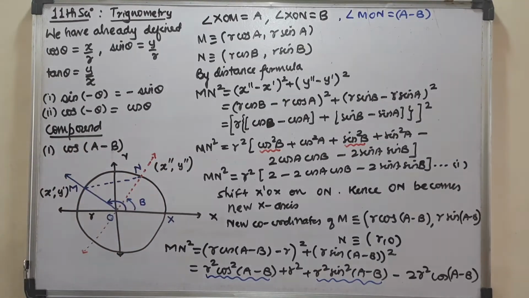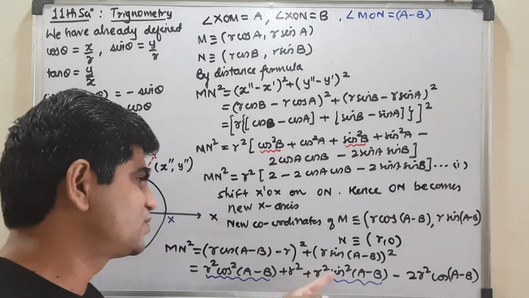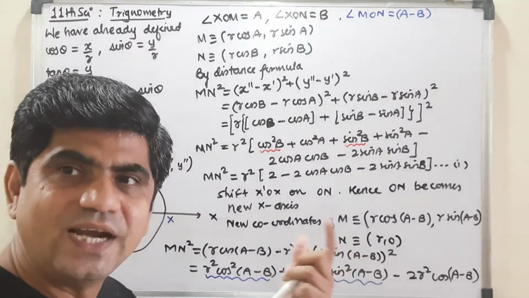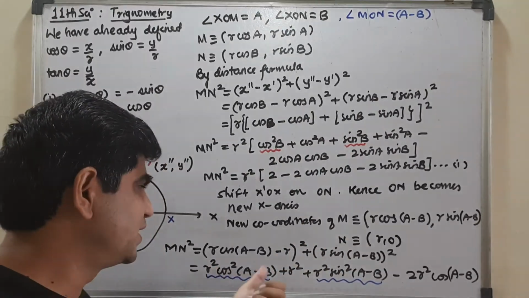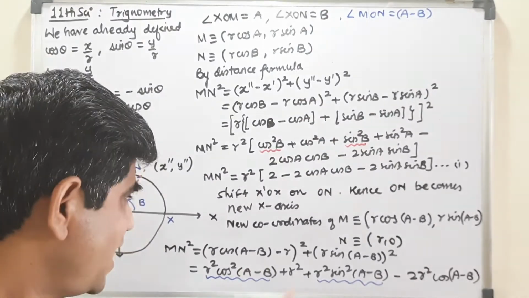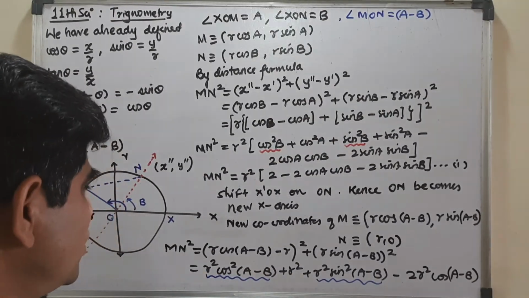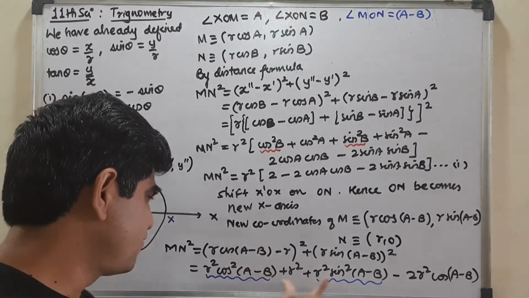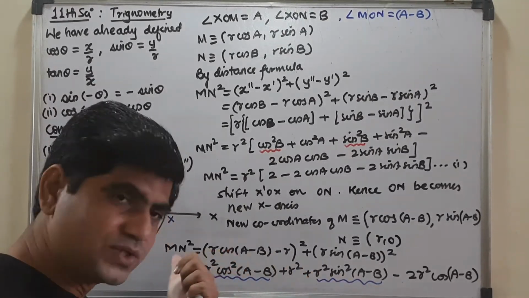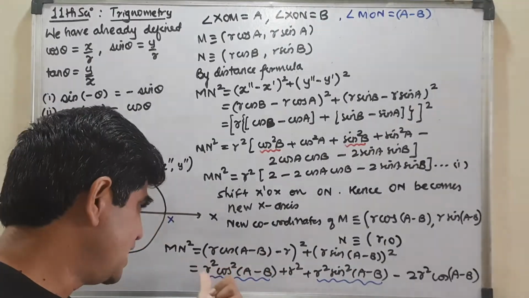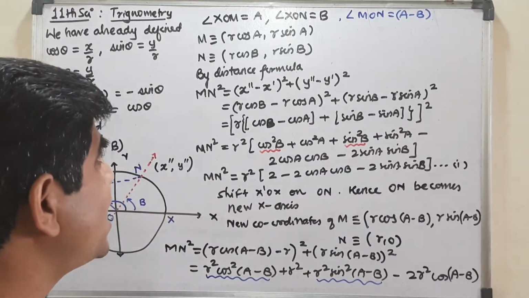So here you get r square common, cos square A minus B plus sin square A minus B. The angle is the same, so let me call it cos square theta plus sin square theta, which becomes 1, and r square common. And r square plus r square is your 2r square.